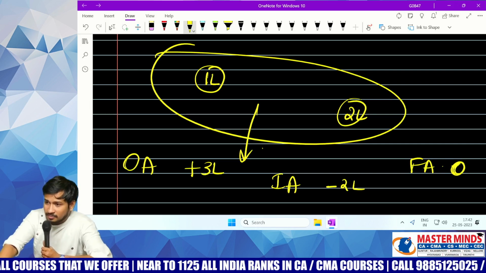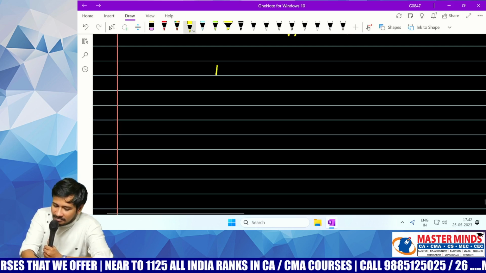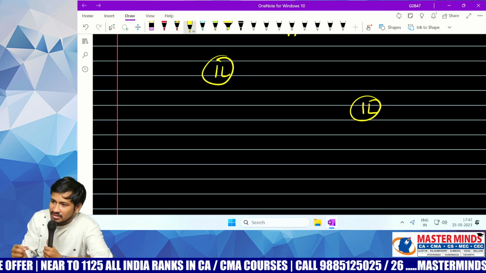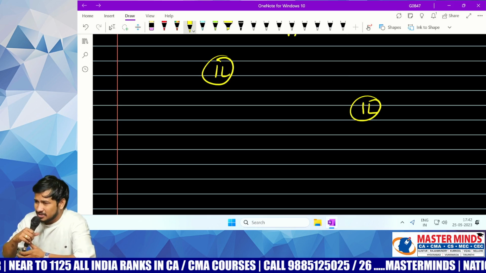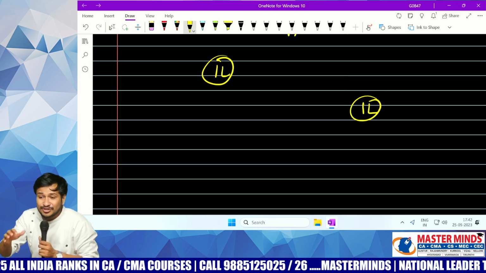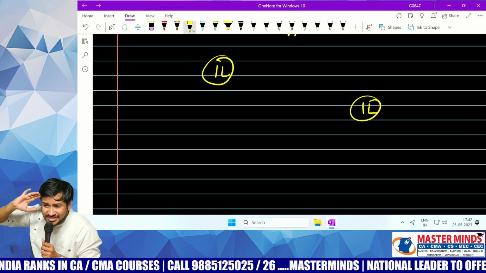And my dear children, one more thing. Say if the opening balance is 1 lakh and the closing balance is also 1 lakh, is there a need to prepare cash flow statement or not? 200% needed, because users will have plenty of questions in their mind.